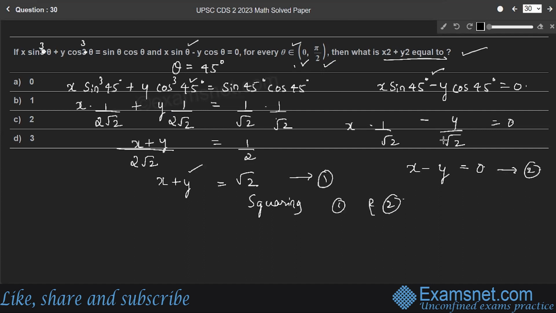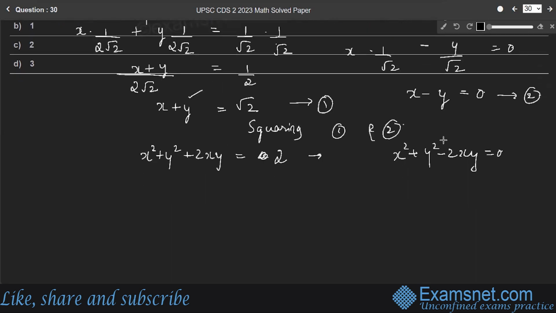So squaring, x plus y the whole square becomes x square plus y square plus 2xy, equal to root 2 the square, which is 2. And equation 2 becomes x minus y the whole square, x square plus y square minus 2xy, is 0. Let me call these 3 and 4.